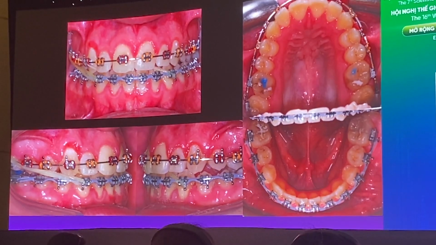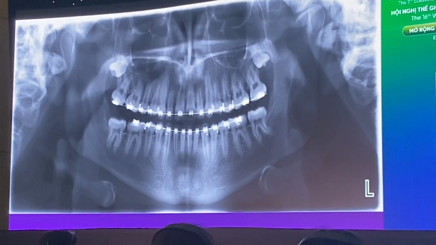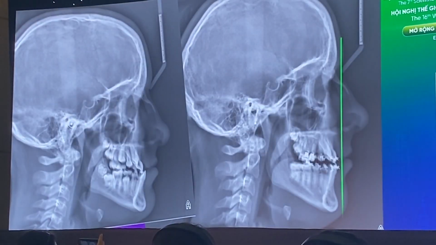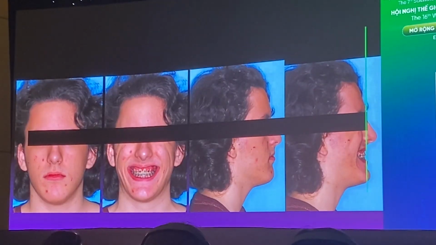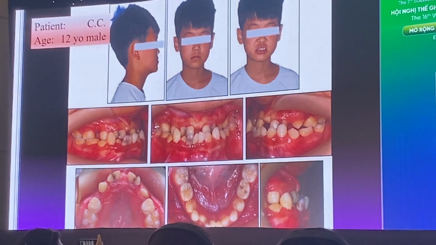So in this case, we are lucky that we don't need to take out any teeth, and the teeth basically look parallel, and also his upper incisors right now are closer to the green line, so it actually looks better, all right?